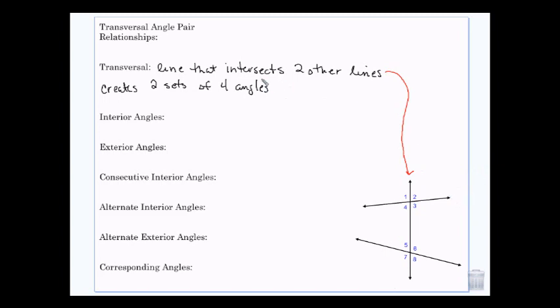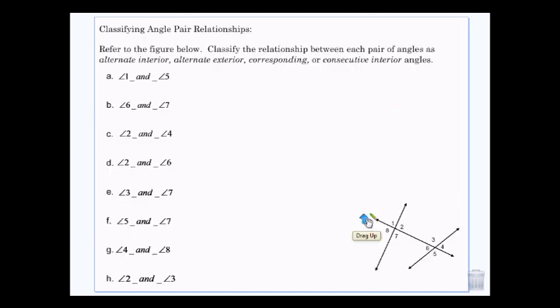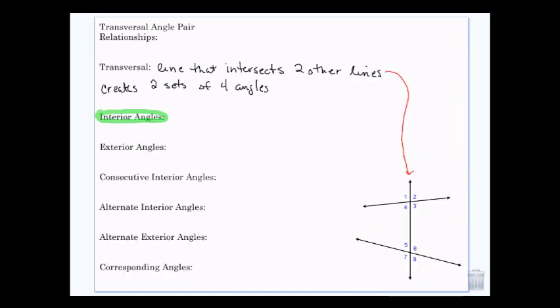So you have interior angles. Interior angles are on the inside of the two lines that are being transversed. So this is the interior. And my interior angles are angle 4, angle 3, angle 5, and angle 6.